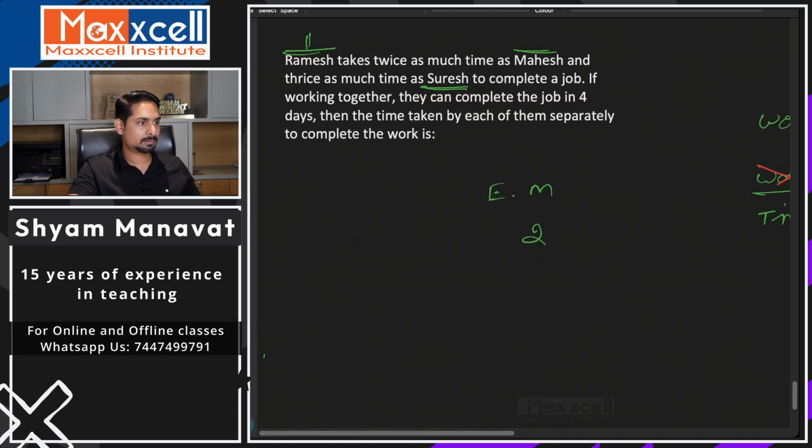Let me write this properly. So, time-wise, if I compare the time taken by Ramesh with the time taken by Mahesh, the time taken by Ramesh is twice the time taken by Mahesh.